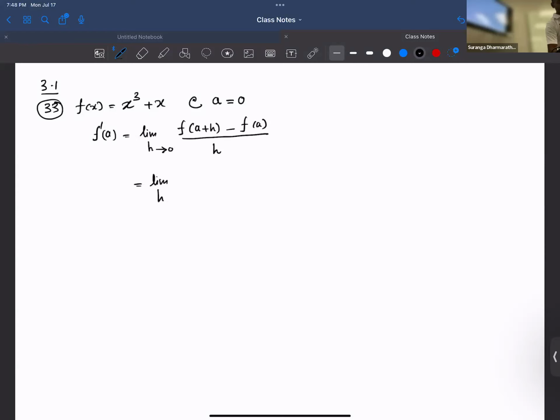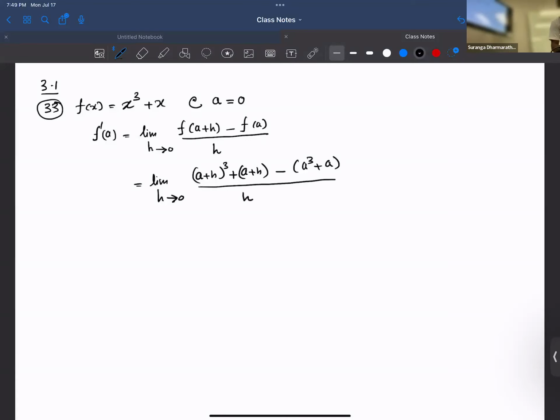Limit h goes to 0, f of a plus h is a plus h cubed plus a plus h, right? Is that clear? And then f of a is minus a cubed plus a, divided by h. Make sense?